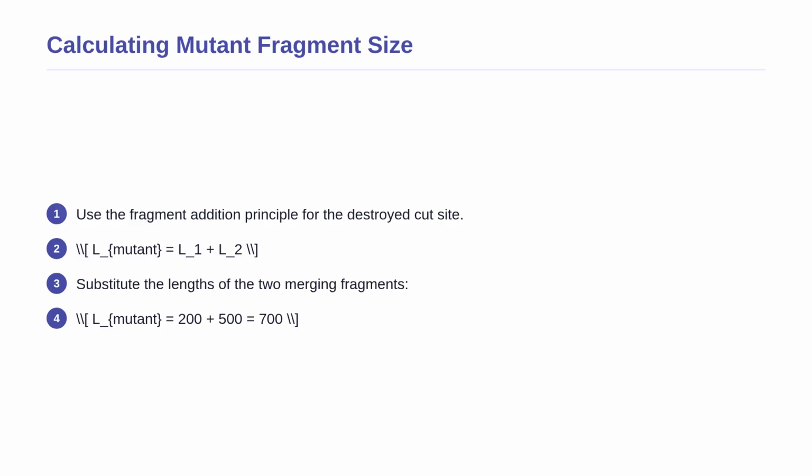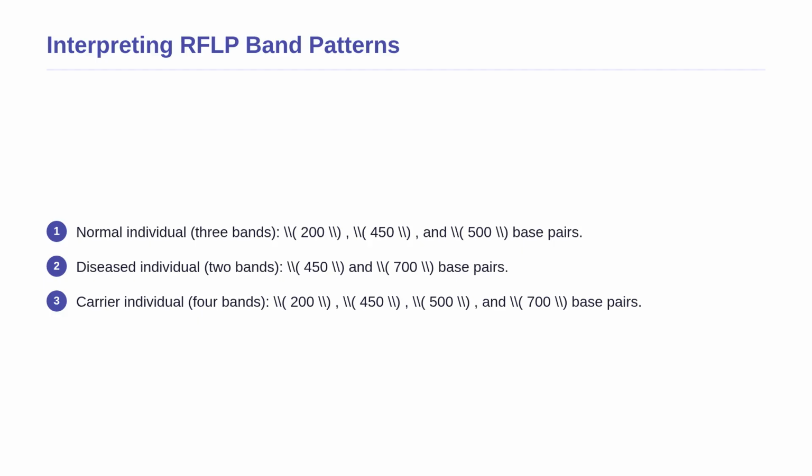We substitute the lengths of the 2 merging fragments, which are 200 and 500. Adding these gives us a new fragment size of 700 base pairs. The 450 base pair fragment remains completely unaffected because its cut site was not altered. So we have calculated the mutant fragment size.